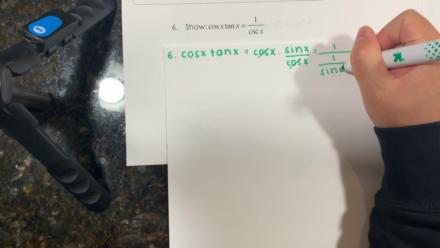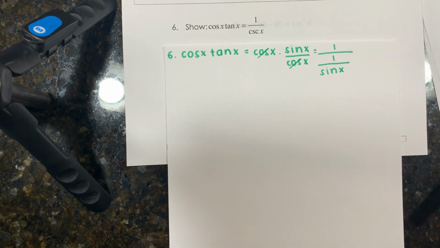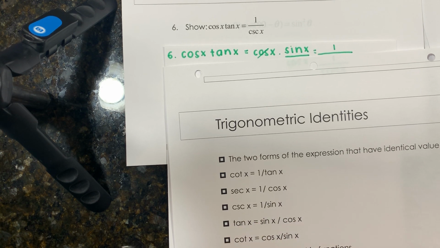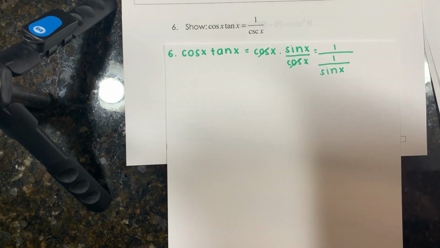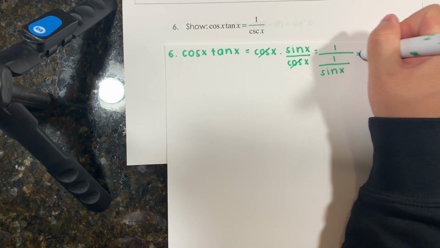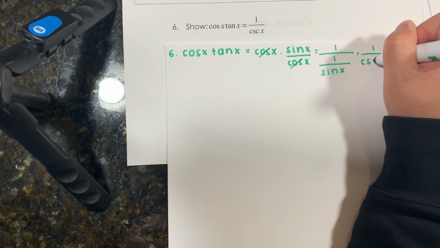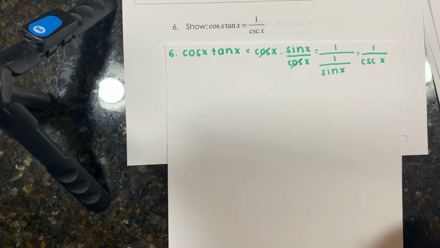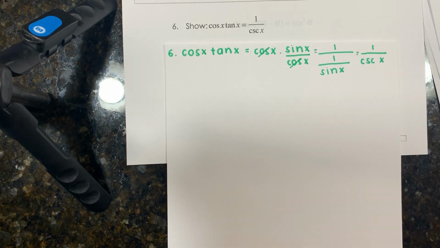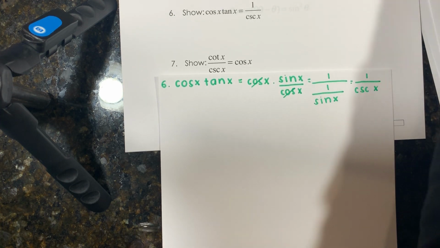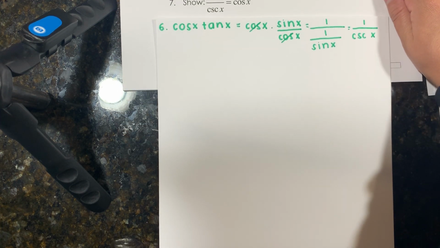And now we know, based off of this last slide, that the inverse of sine x is equal to cosecant x. So this would be equal to 1 over cosecant x. So now your left is equal to your right, and that's what you wanted. So you always start off with the left and then you're going to end up with the right.